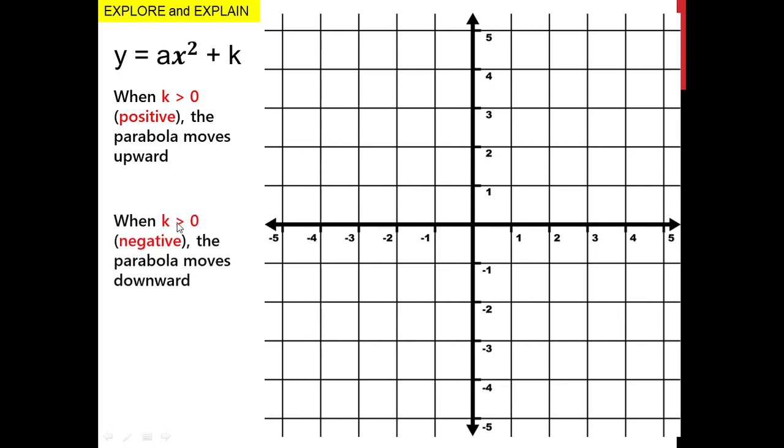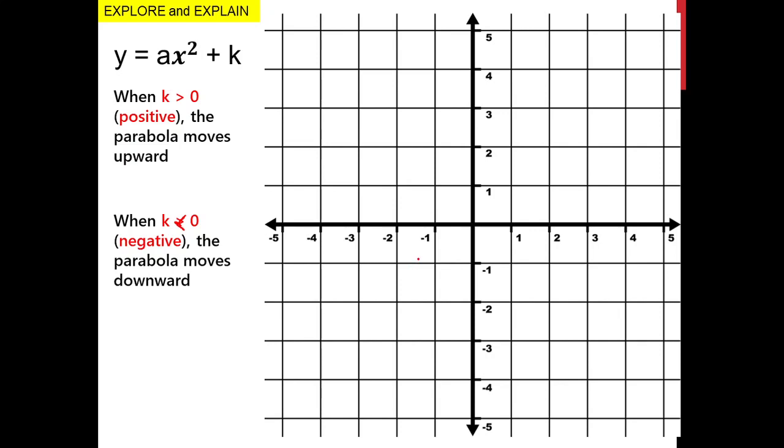And when k is less than 0, or when k is negative, the parabola moves downward. Again, when k is positive, the parabola moves upward. And when k is negative, the parabola moves downward.